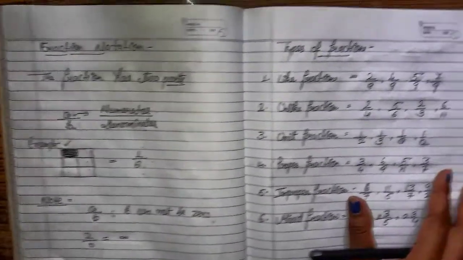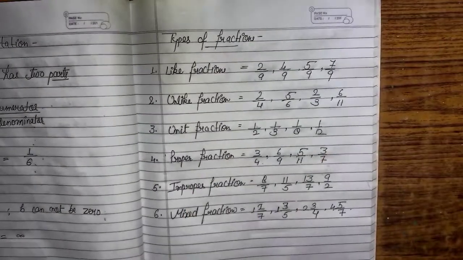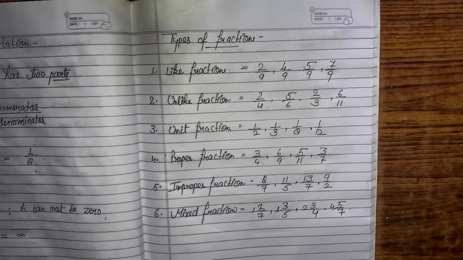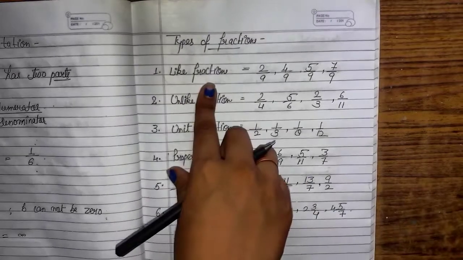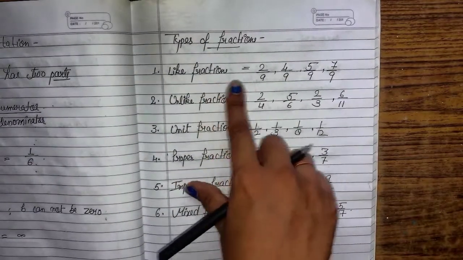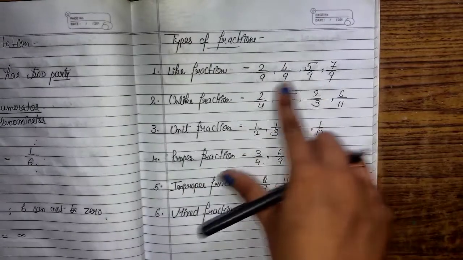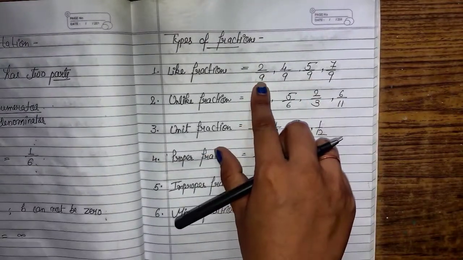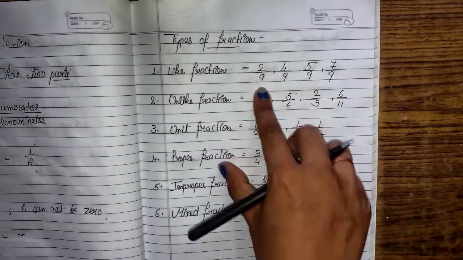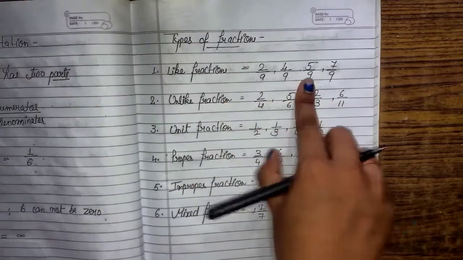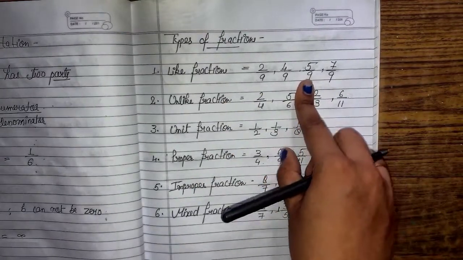Okay, now next is types of fraction. So here the first type of fraction is like fractions. Like fractions are those where the denominators are the same. So you can see here easily the denominators of all fractions are the same, so these fractions are like fractions.